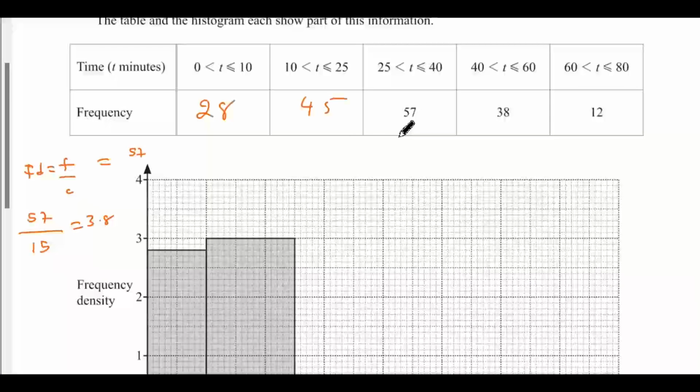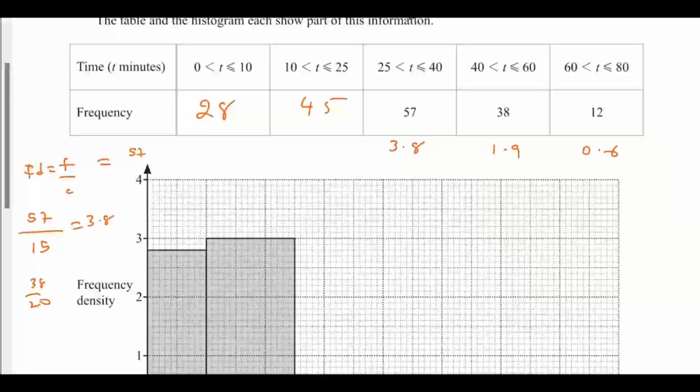So the frequency density for this will be 3.8. For the next one, it will be 38 divided by 20, that will give us 1.9. For the last one, that will be 12 divided by 20, that will give us 0.6. Those are the frequency densities for the remaining class intervals.